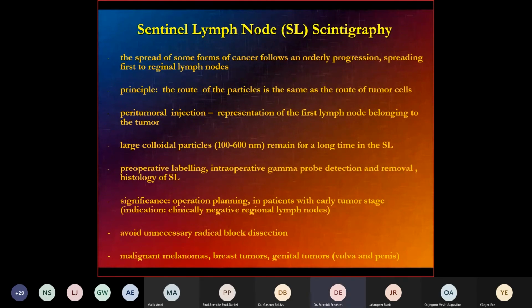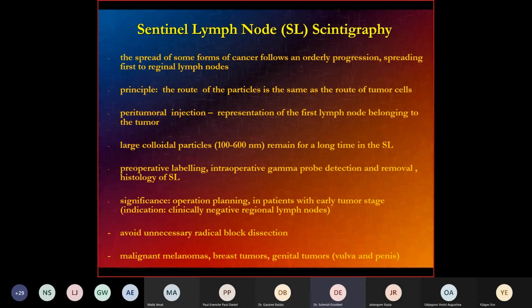The greatest clinical importance among the nuclear medicine methods in connection with the lymphatic system has the sentinel lymph node scintigraphy. The spread of some forms of cancer usually follows an orderly progression, spreading first to the regional lymph nodes.